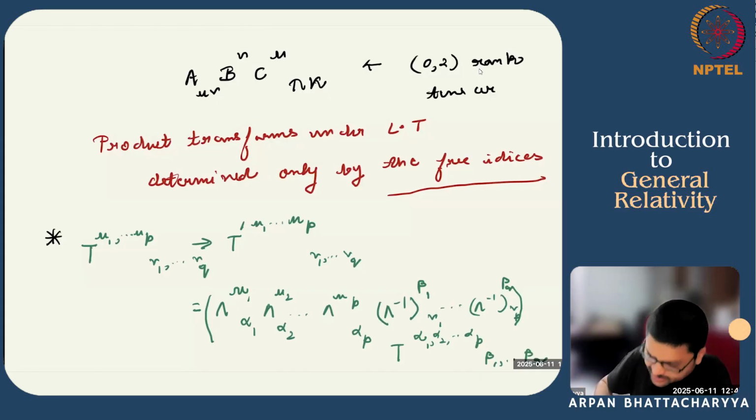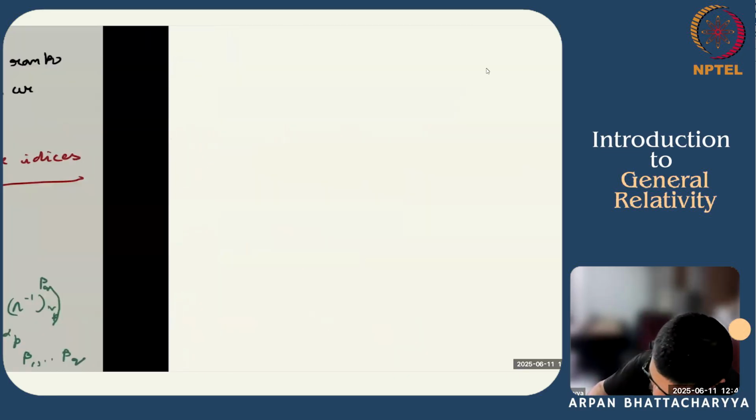Although in general a tensor transforms under Lorentz transformations following this rule, there are some special tensors whose components remain invariant under Lorentz transformations, and they are called invariant tensors. Let's try to write them down.